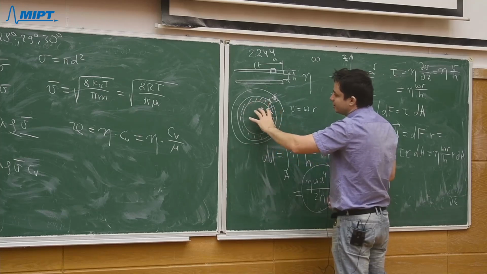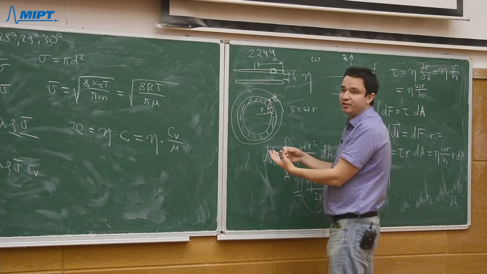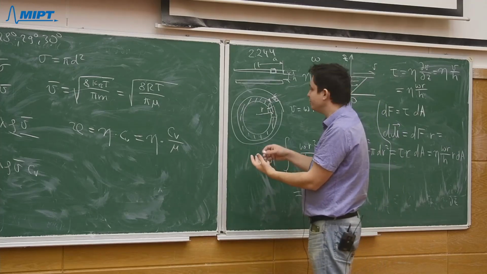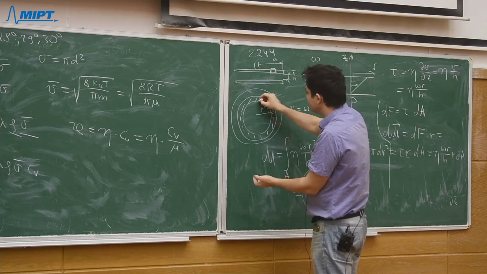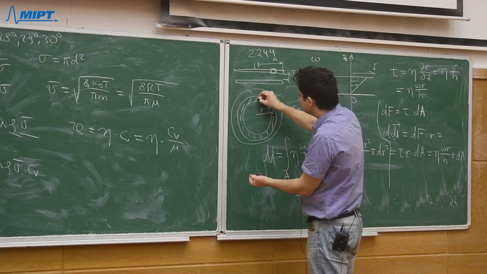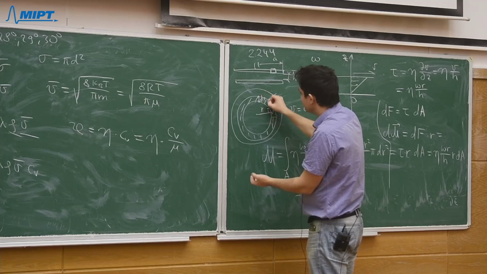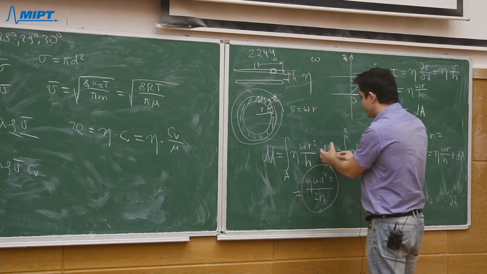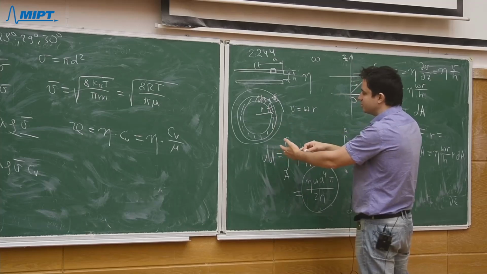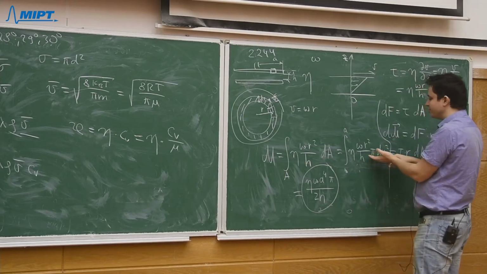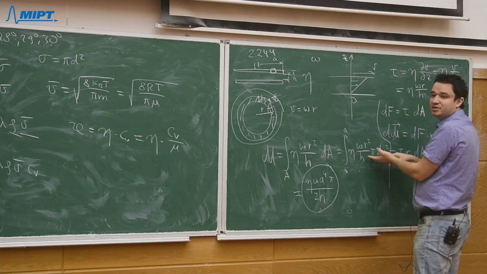And then the area of that ring depends only on the radius, because you have this r as a distance and you have also dr, which is the thickness of this ring. So I can replace this dA by 2 pi r dr, or which is equivalent, by pi dr squared.